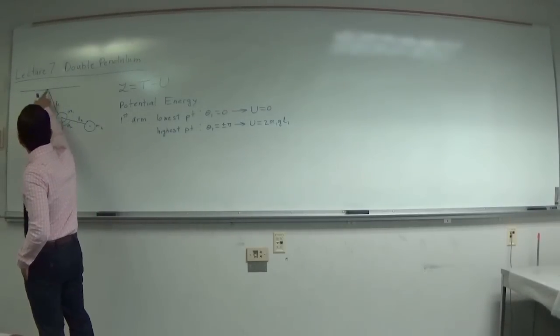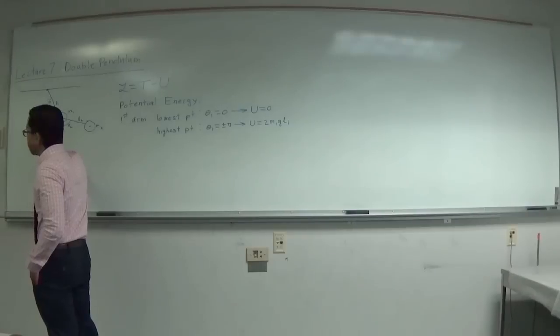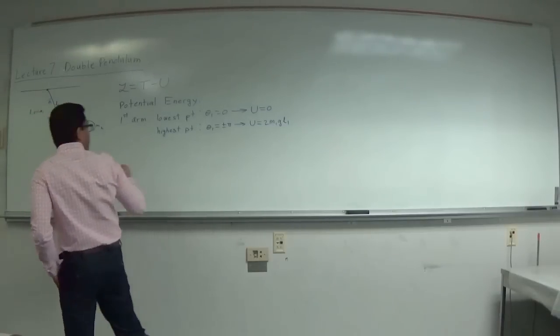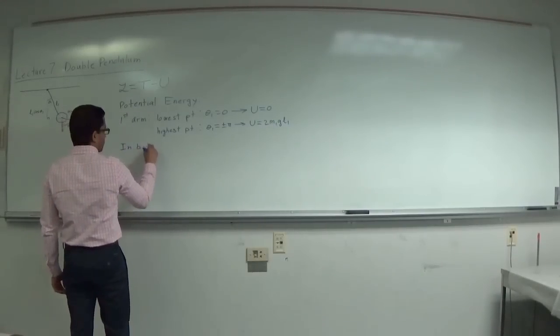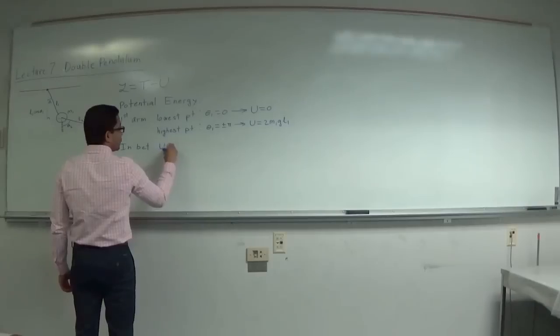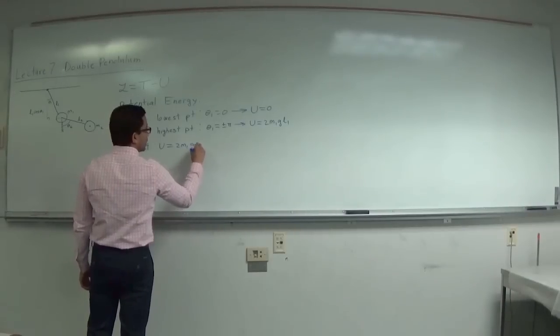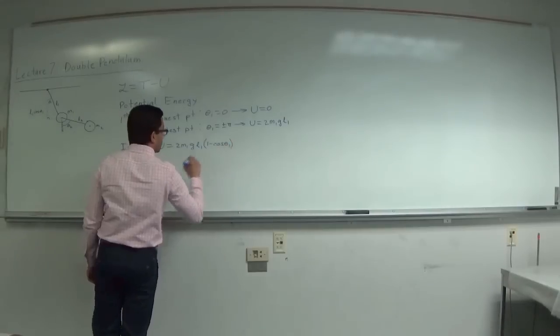So here, the potential energy is going to depend on the entire length minus whatever amount it's being pulled up. So we get that U is going to equal 2 m1 g L1 times 1 minus cosine theta 1.